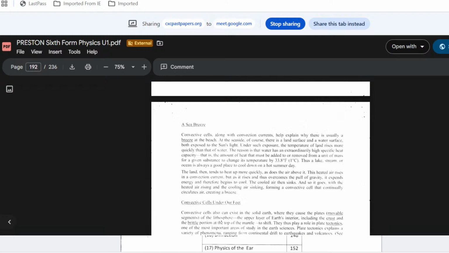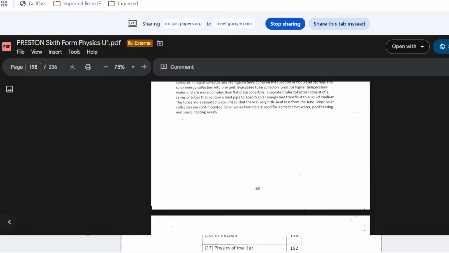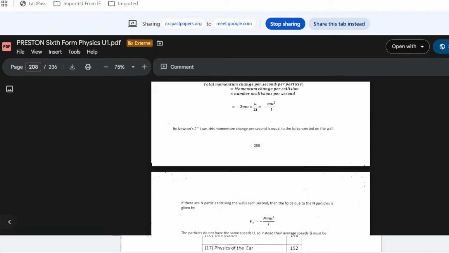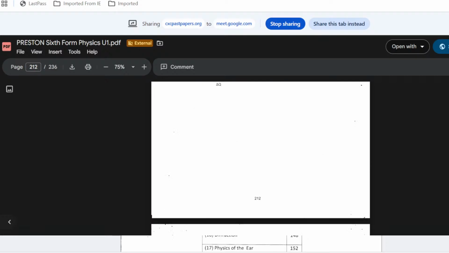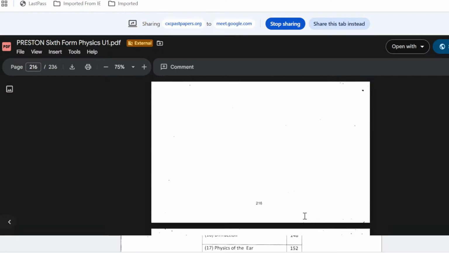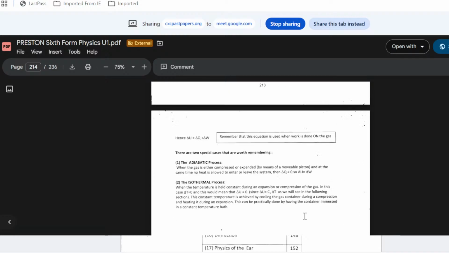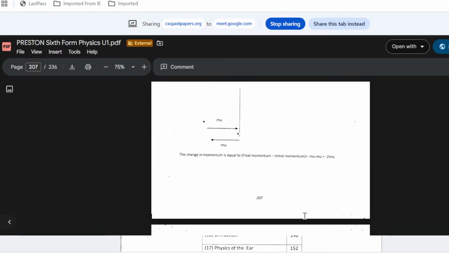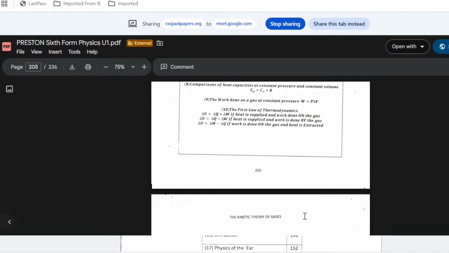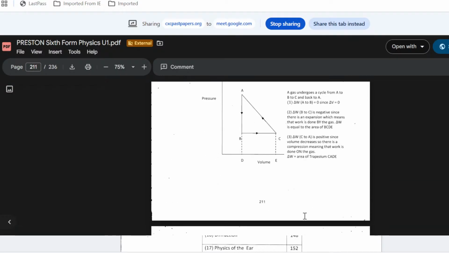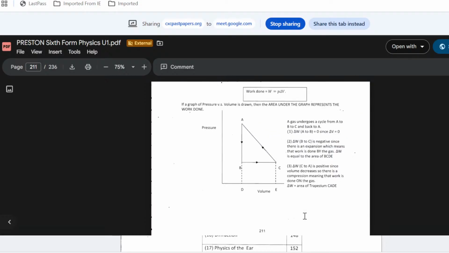They don't have a diagram looking like that.